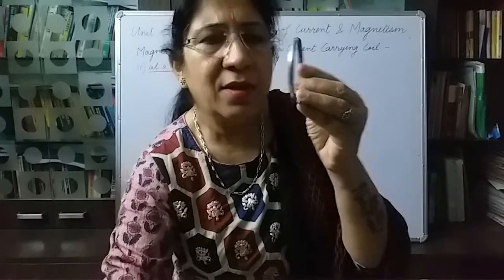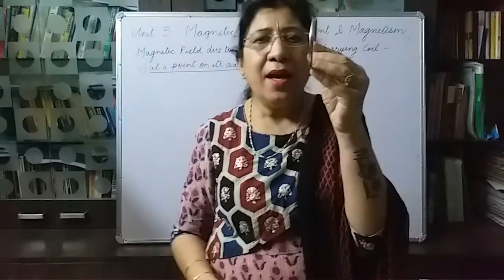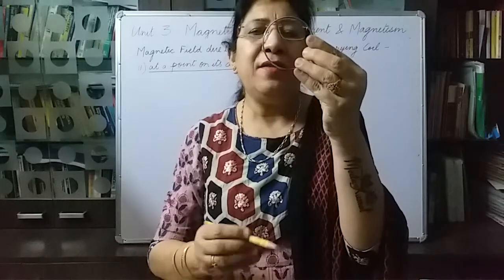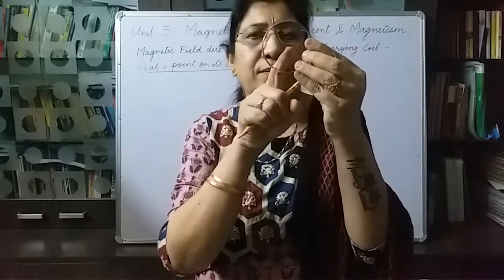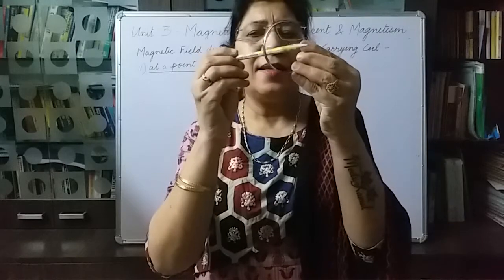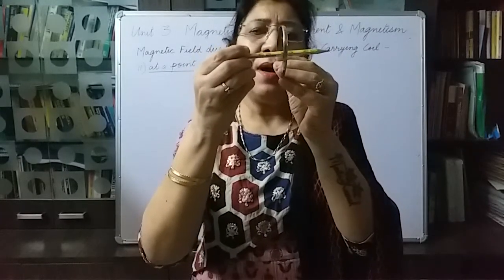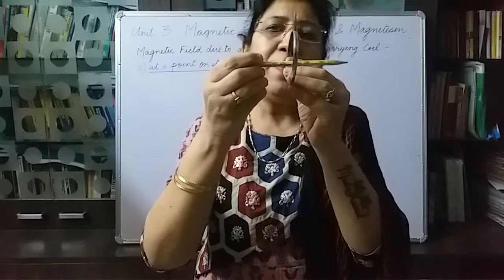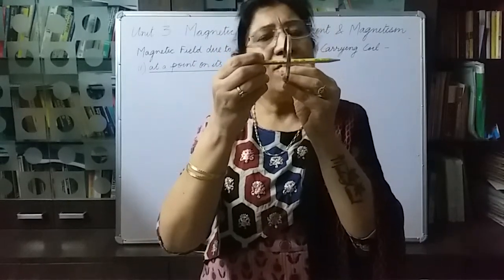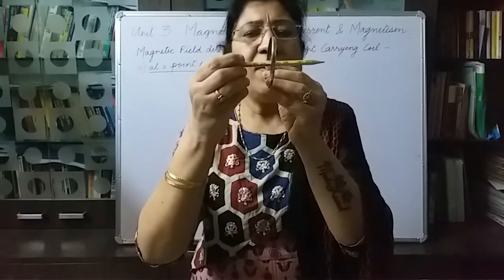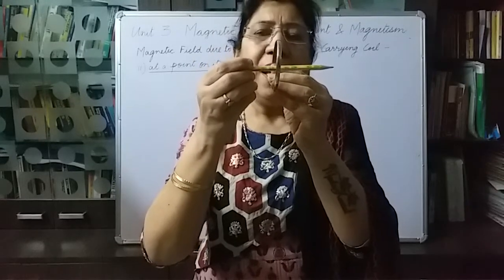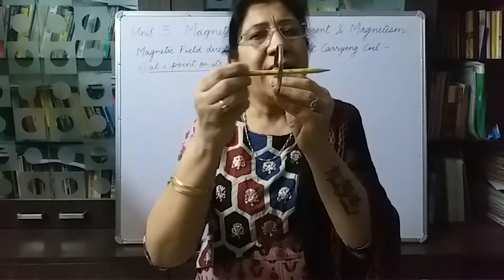Say this is a circular coil and in the earlier class we had found the magnetic field at its center. This is the axis. Axis is the imaginary line passing through the center and perpendicular to the plane of the circle. So now we will find the magnetic field at a point on its axis.